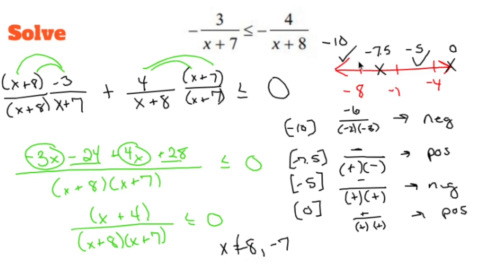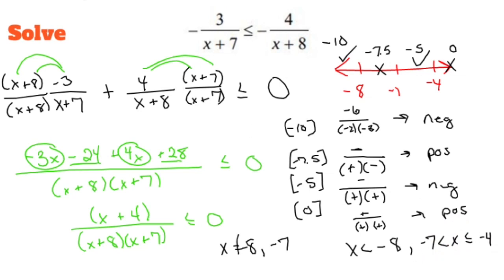So the numbers that I want are everything less than negative 8, but I'm not allowed to include negative 8. So x is less than negative 8. I also care about the numbers between negative 7 and negative 4. So I can say that negative 7, which I'm not allowed to include, is less than x, which is less than or equal to negative 4. That's my guy.